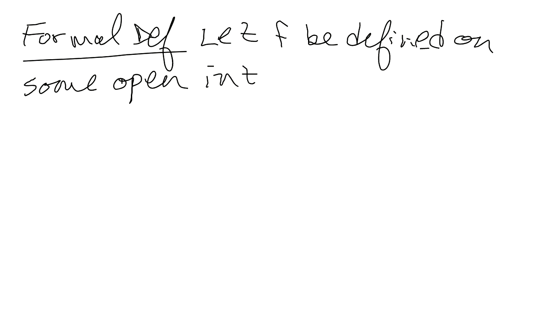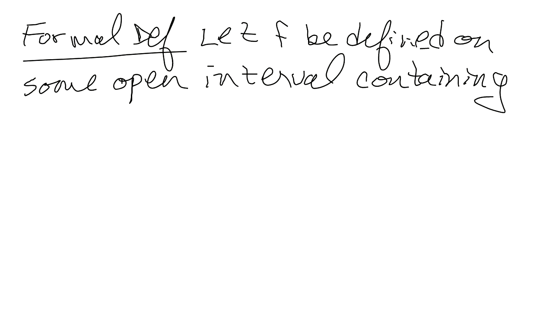However, I do not have to be defined at a itself. In the second example we had a hole when x equaled 1. So, containing x equals a, except possibly a itself. I don't have to be defined there to take a limit.